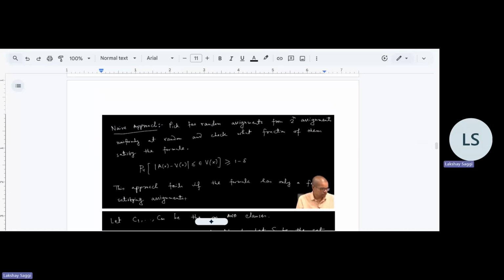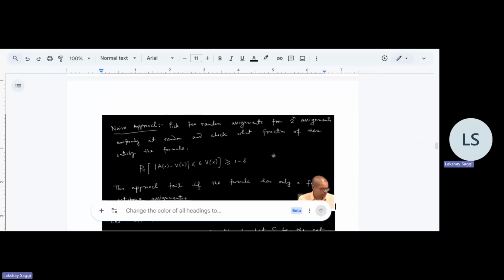What one might try is what we did when evaluating the value of pi. One might try some random assignments from the 2 to the n actual assignments: just pick some assignment of variables uniformly at random and check what fraction of them actually satisfy the formula.